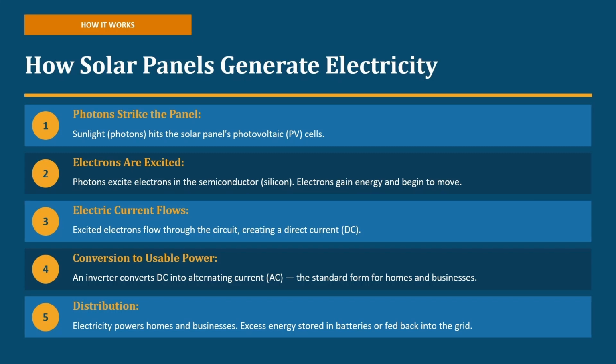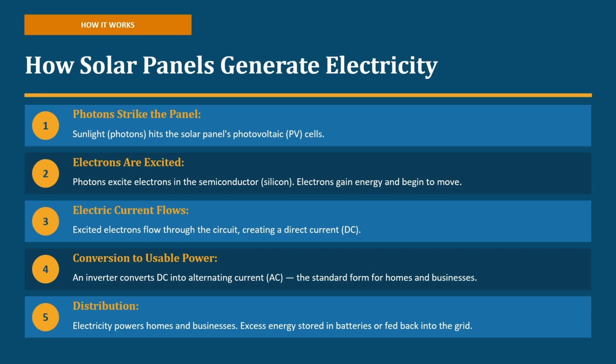So when these photons hit the photo cells during the day when the sun is shining, the electrons within the photocells get excited. And as they get excited, they begin to move. When they begin to move, a current is generated. And that current is basically your electricity.